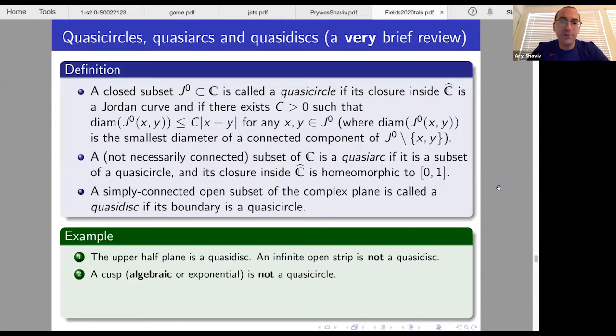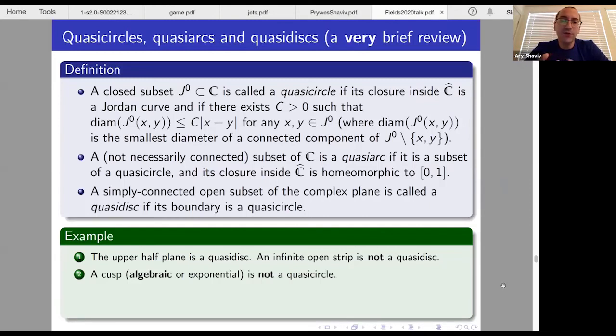There's another example. If you take a cusp, algebraic or exponential, it's never a quasi-circle. An algebraic cusp would be just the zero set of x squared equals y cubed. This is again definable in any reasonable o-minimal structure, but it is not a quasi-circle.